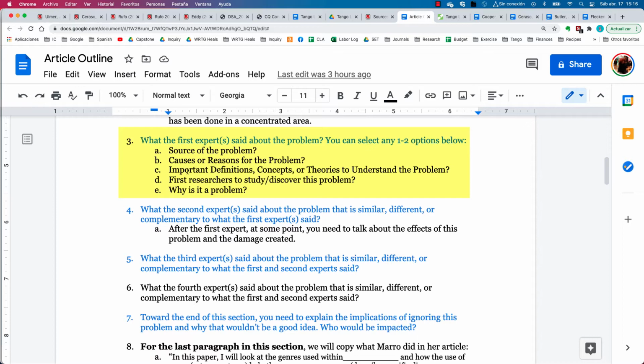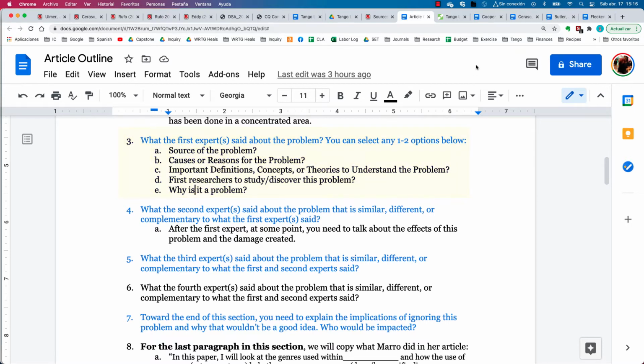Maybe there are important definitions or terms that we need to know before we can proceed with this discussion. We may want to learn about the first researchers to study or discover this problem, or maybe we understand why it's a problem.